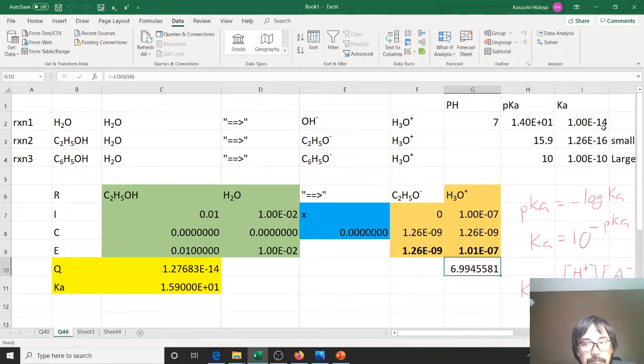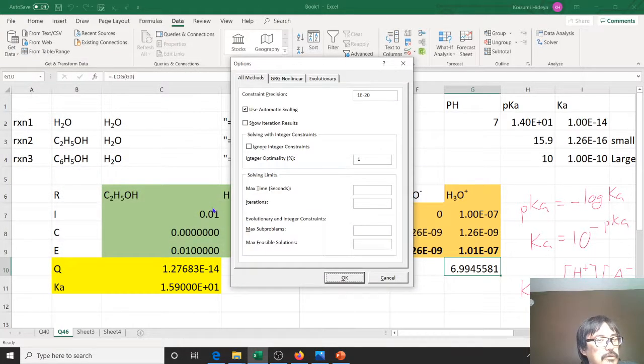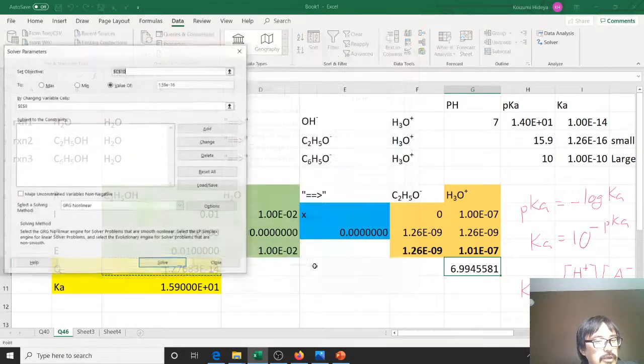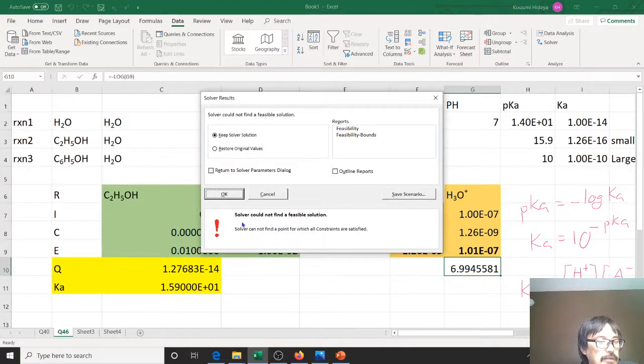Let me just try to get to this one right here. Did I do that one correctly? And then option. Okay, that's good. Sometimes you may not be able to find the solution. That's perfectly fine. It's pretty much how things go.